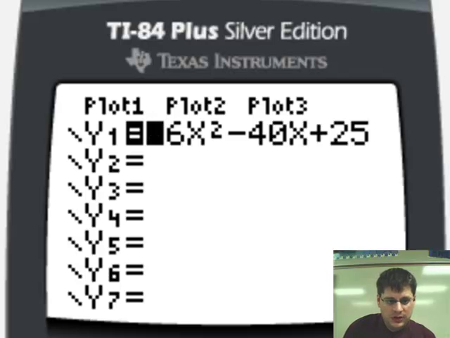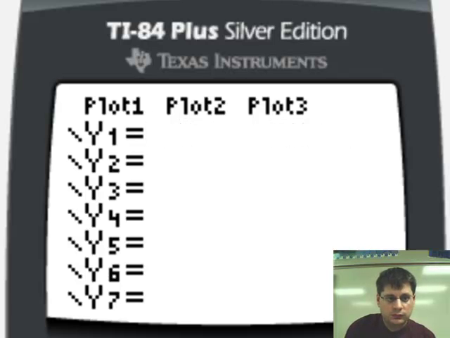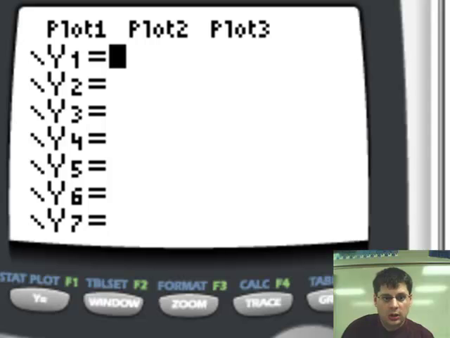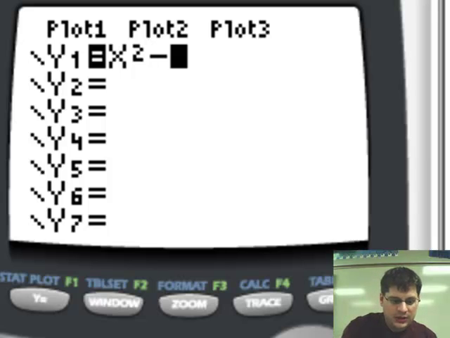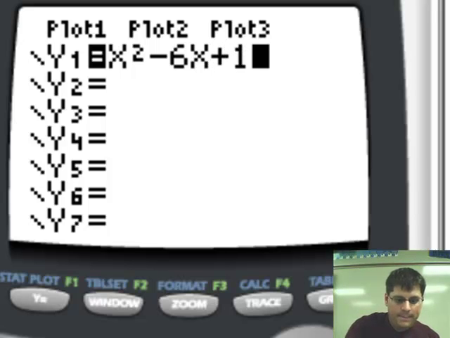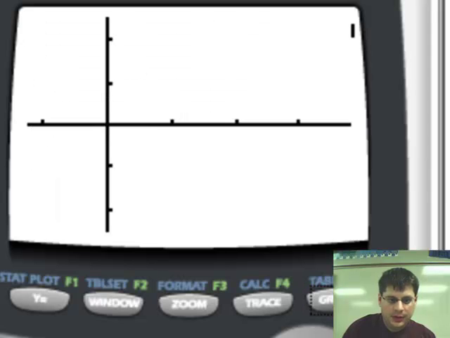Well, if we graph this one, we have x squared minus 6x plus 10, and I graph this one.